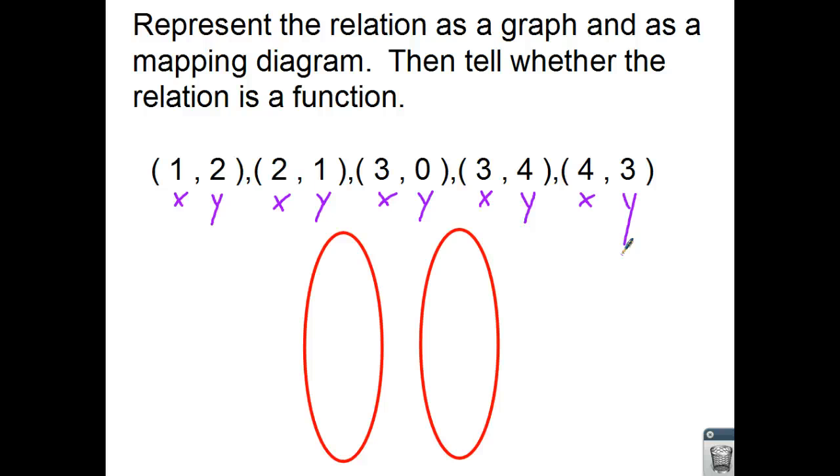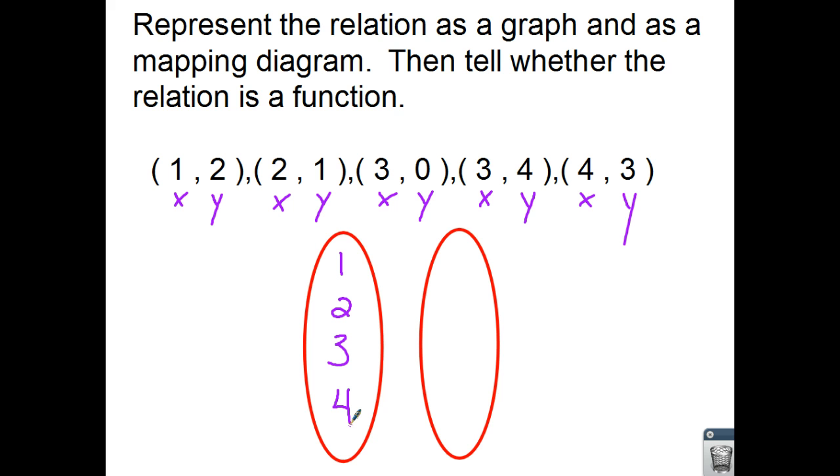Well, in a mapping diagram, I don't have to write the 3 twice for my x's. I'll show you that here. So I have 1 here, I have 2, I have 3. I don't have to write the other 3. I can, I don't have to, and I won't. And then my last x is a 4.